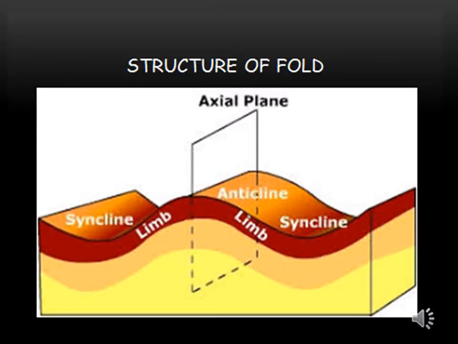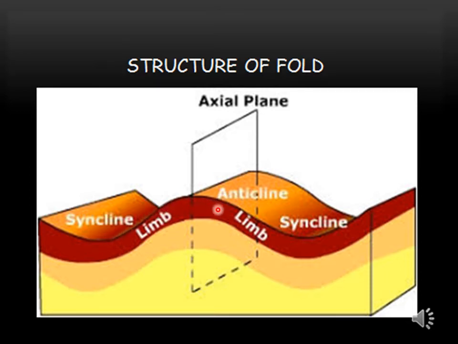I even explained the structure of a fold. When the folding occurs in sedimentary rock, they bend upwards and an anticline is formed. You can see this is the anticline, and the sides of the anticline are known as limbs. And the area that bends downwards is called a syncline.